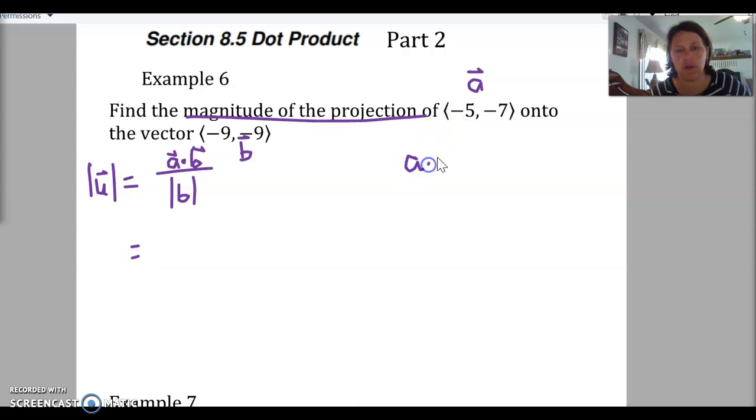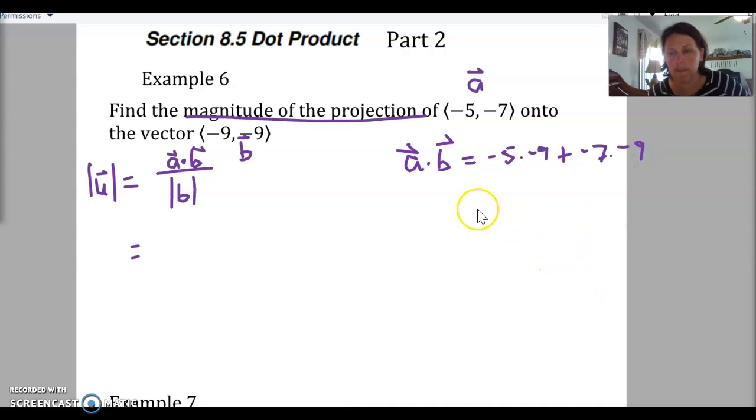All right, so let's find our dot product. I'm going to do all of this work over here on the side. I've got vector A, vector B, and we're going to find the dot product. So negative 5 times negative 9 plus negative 7 times negative 9. That's going to equal positive 45 plus positive 63. Add those together, we're going to get 108.